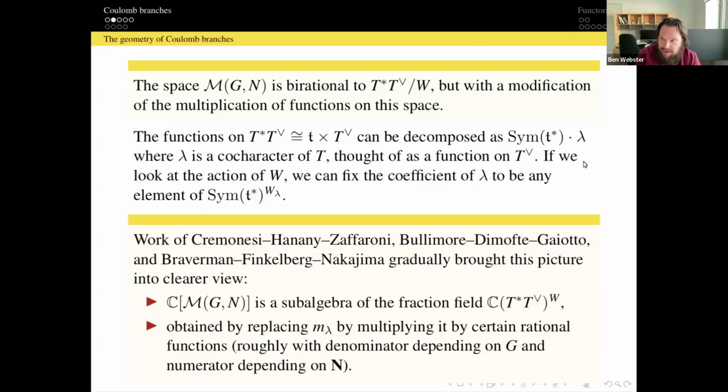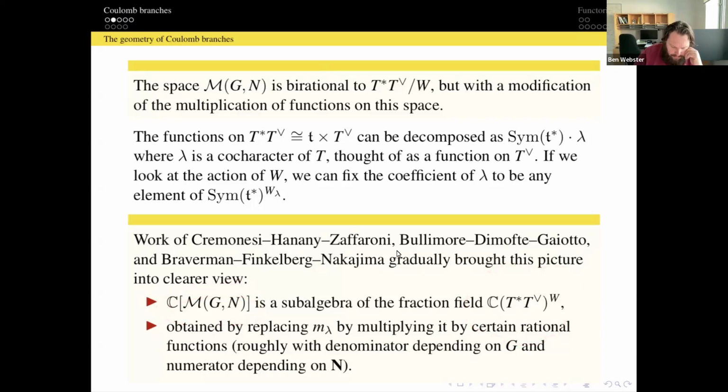That means I can think of its coordinate ring as a subalgebra of the fraction field of this cotangent bundle, taking the Weyl invariants. This is the function field of T star of T check mod W. So if you're birational to that, your coordinate ring is a subring of this fraction field.